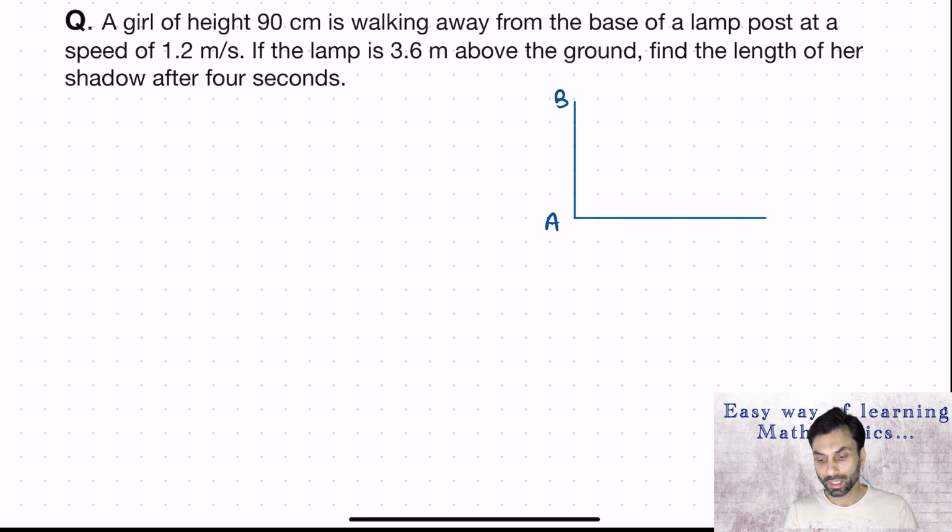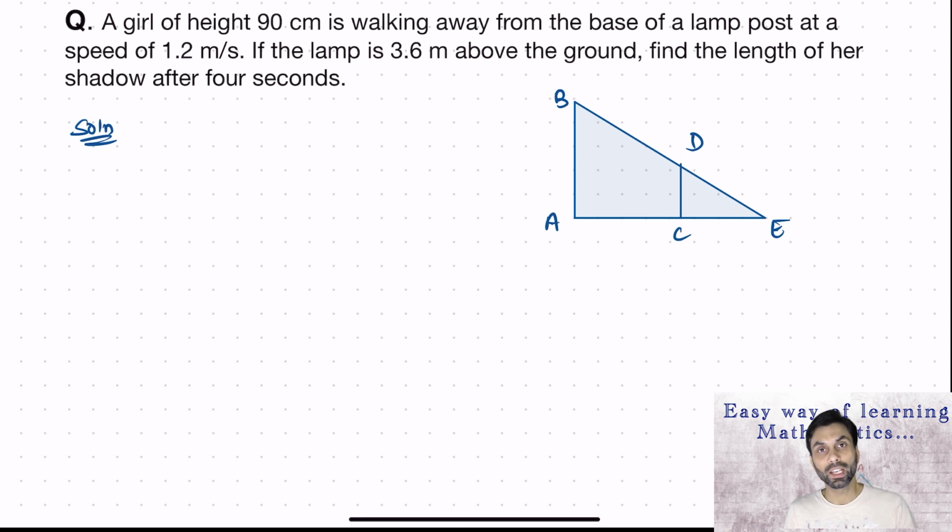So at some instance, if the girl is at CD, then we have to find out what will be her shadow length. So for that, we will make this point E.